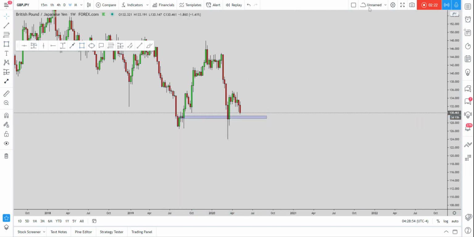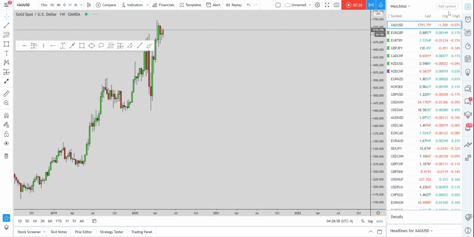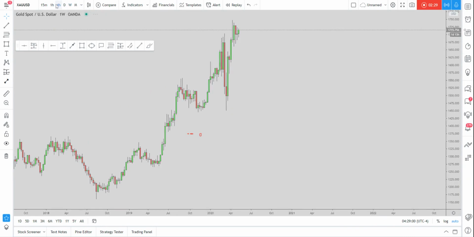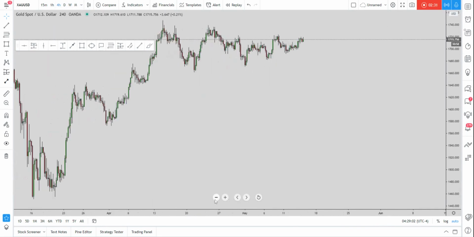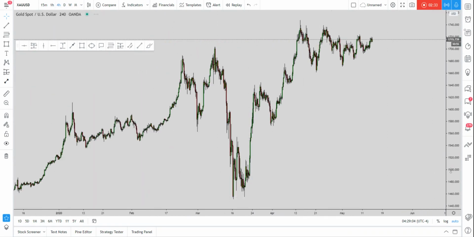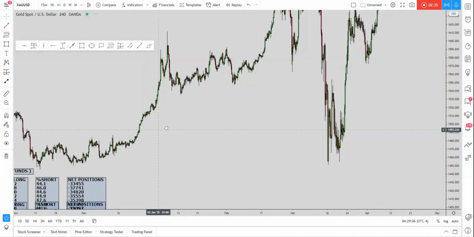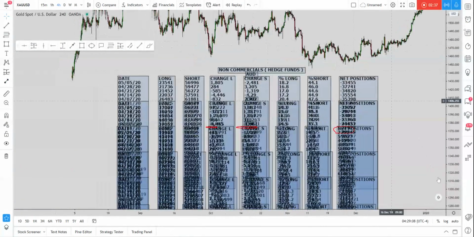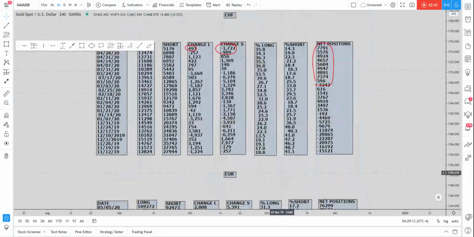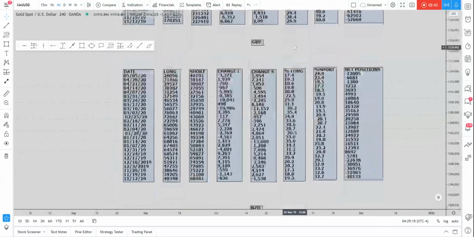Now let's go and see what kind of situation we have from a COT perspective, because if you remember, that was also very good confirmation for this move to the downside, because of what we had and what we still have from a COT perspective. So what hedge funds are doing at the moment in the market from a GBP perspective.